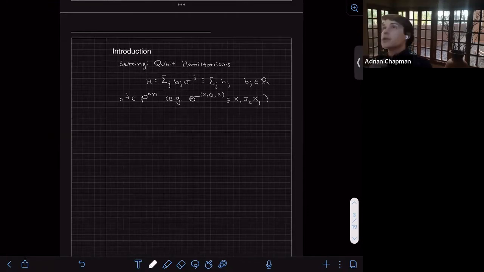And the single qubit Paulis, maybe just for completeness, I'll give the commutation relations for the single qubit Paulis.